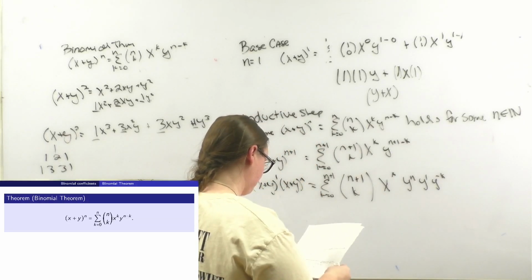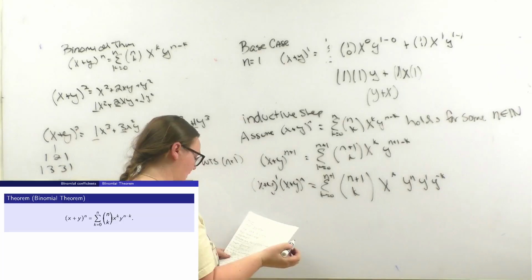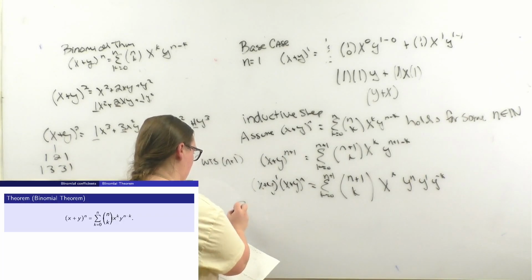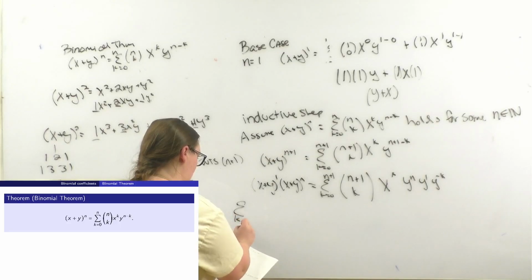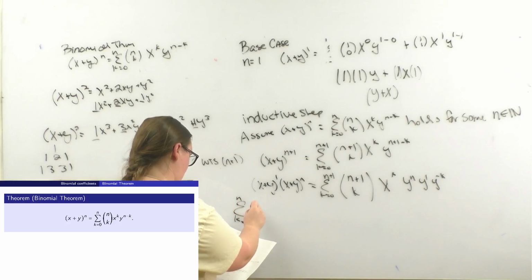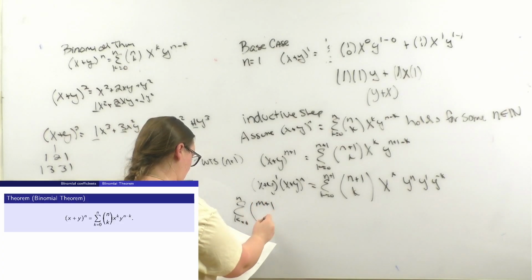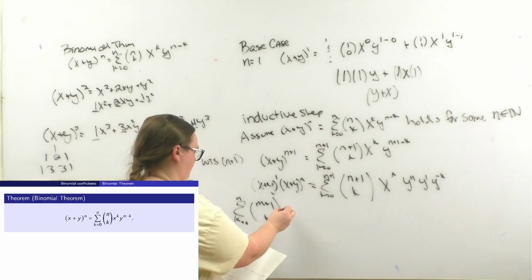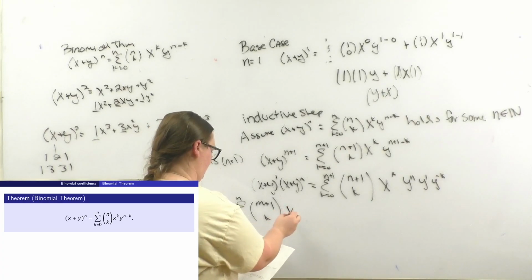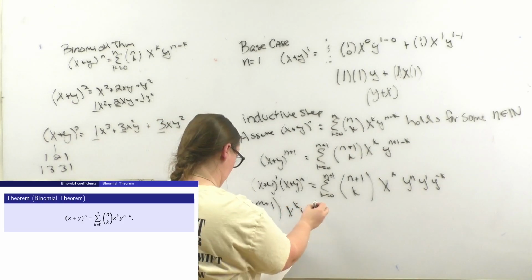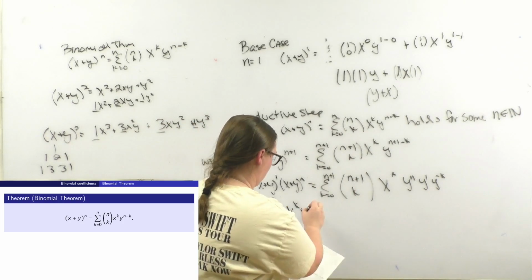Awesome. Okay, let's rewrite the left-hand side in summation form. So we get the sum from k equals 0 to n, and this is n plus 1 choose k, x to the k, y to the n minus k.